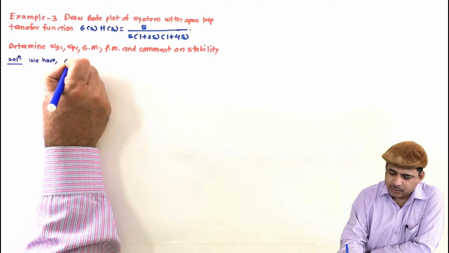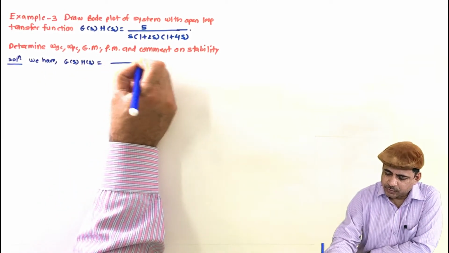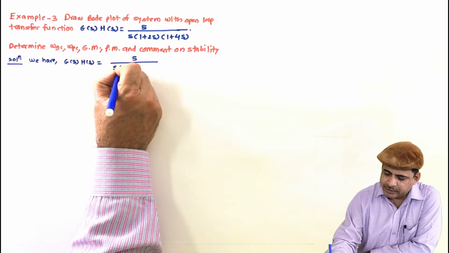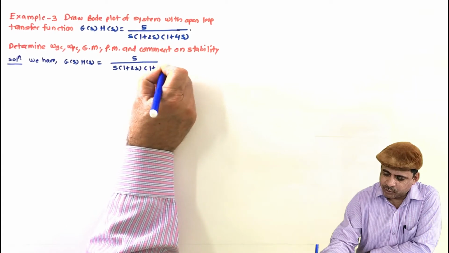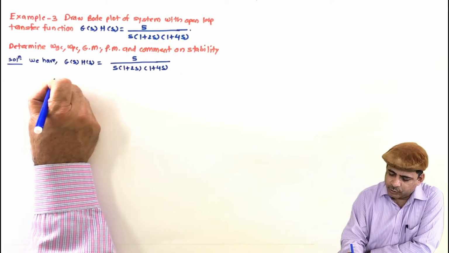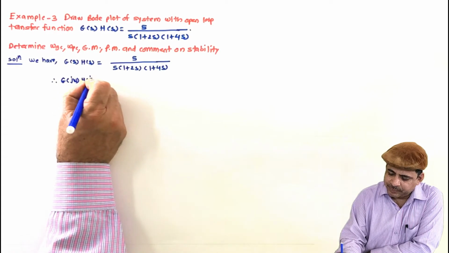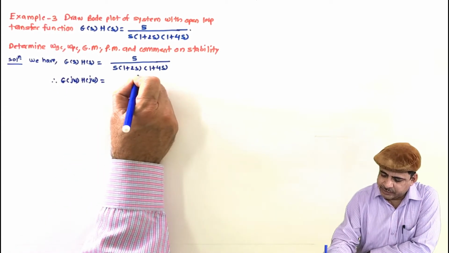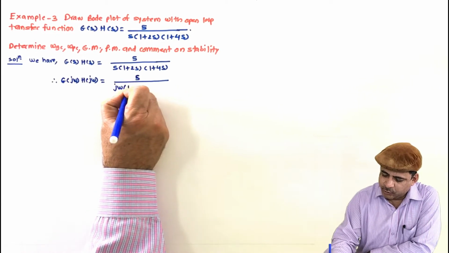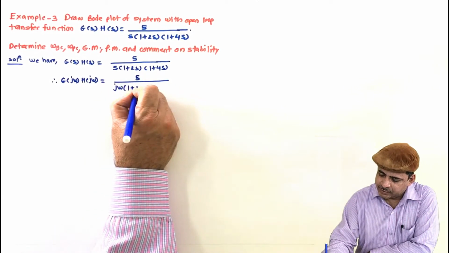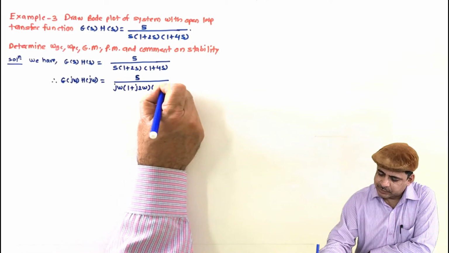So we have G(s)H(s) equal to 5 upon s into 1 plus 2s into 1 plus 4s, and so its frequency response function G(j omega)H(j omega) is 5 upon j omega into 1 plus j2 omega into 1 plus j4 omega.